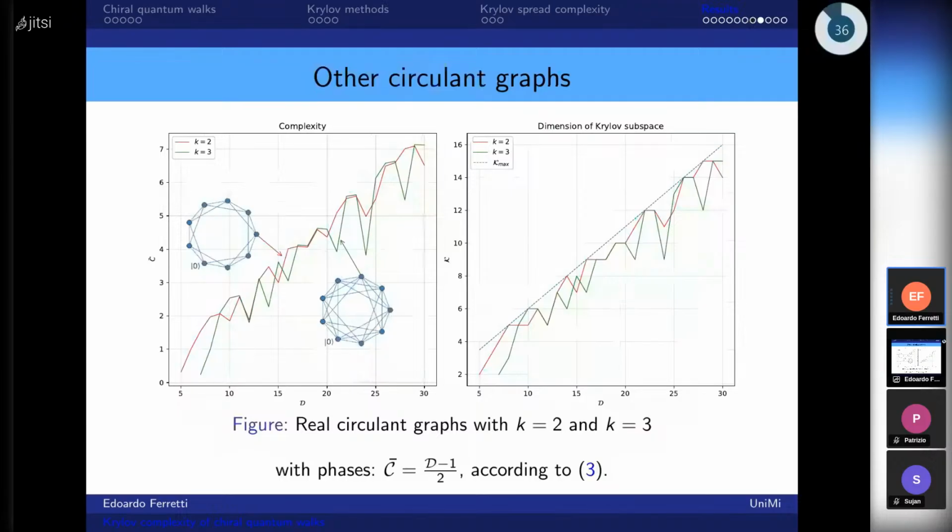Here we have a certain number of loops, because these are non-planar graphs, so maybe they are if I draw them here. Okay. Here the number of phases is higher, so actually it's no longer true that any phase configuration is equivalent to a circulant one. So in this case, this difference would show up.